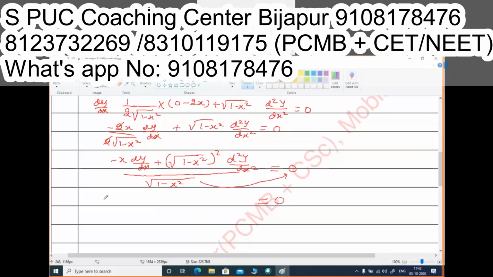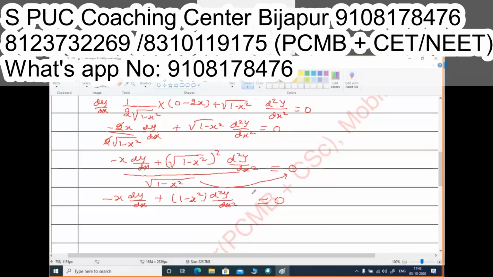Under root of 1 minus x square, first here minus x dy by dx, plus minus x is square root and square. What is going to happen? Root and square are going to get cancelled. 1 minus x square as it is, d square y by dx square, that I already wrote, equals 0.